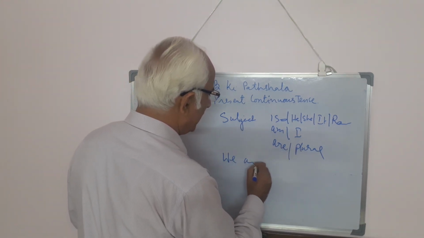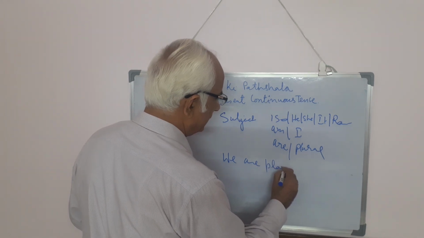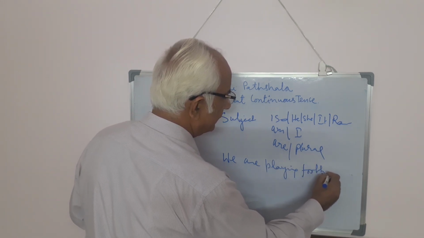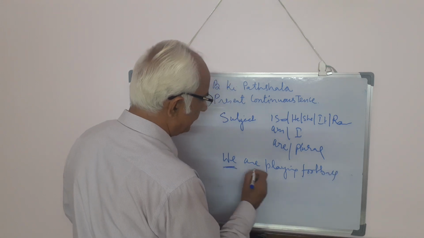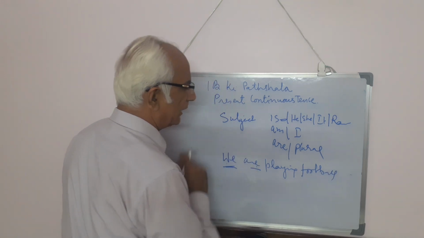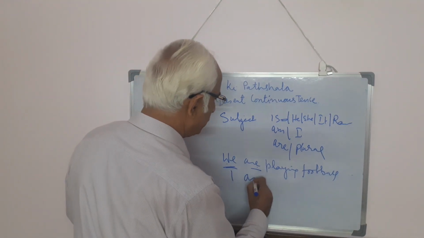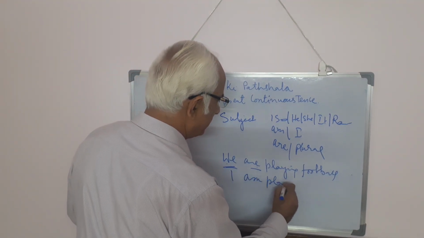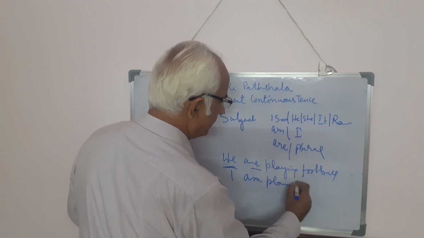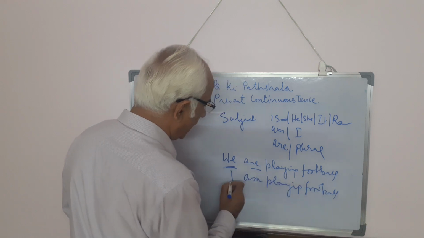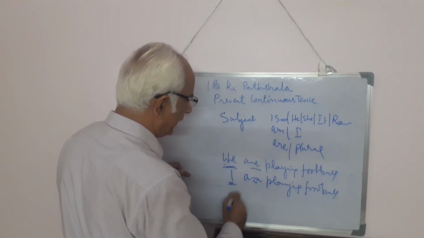We are playing football. So we are plural and are is used here. Or I'll say I am playing football. So I am, we are.